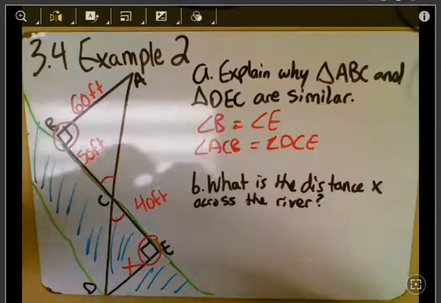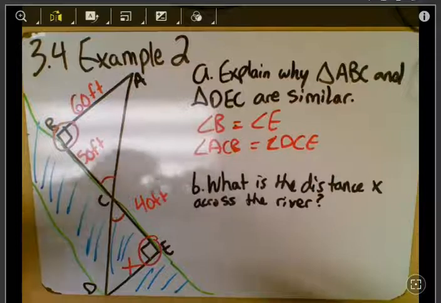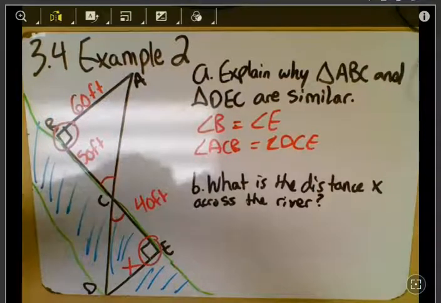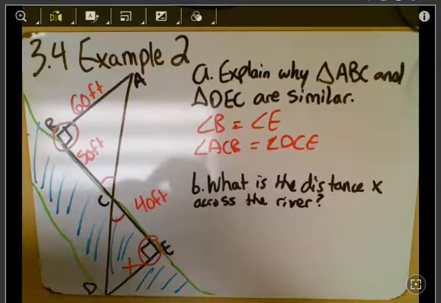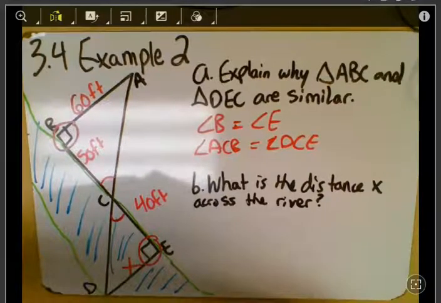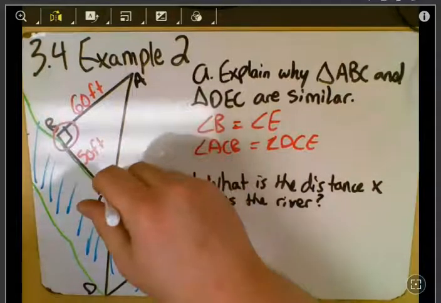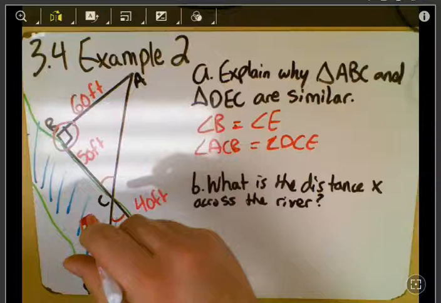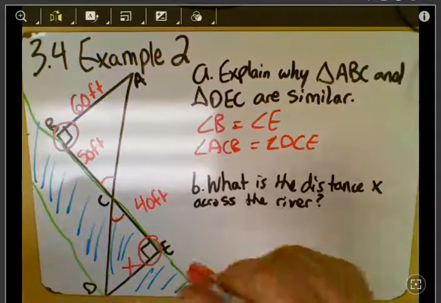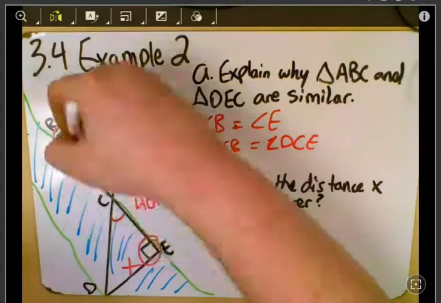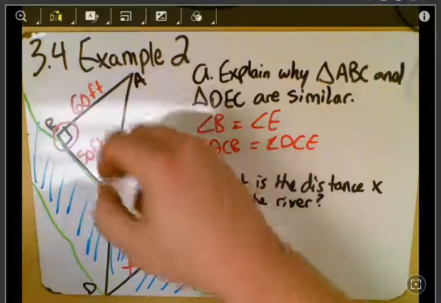Okay? For part B, we need to figure out what the distance x across the river is. For that, we need to use the ratios of the corresponding side lengths in the similar triangles. So we write and solve a proportion to find x. We know that these are similar, and since they're similar, we can write a proportion because the ratios of these corresponding sides are the same.